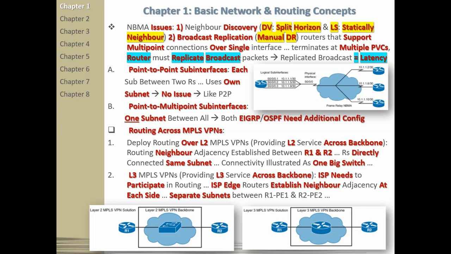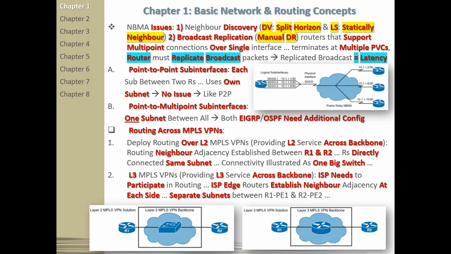So 10.1.1.0/30, 10.1.1.4/30, and 10.1.1.8/30. These three subnets are used between one hub on the left and three spokes.